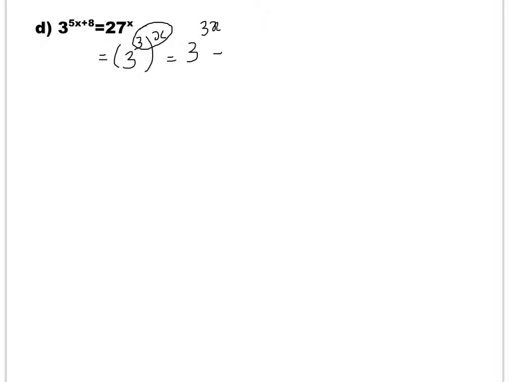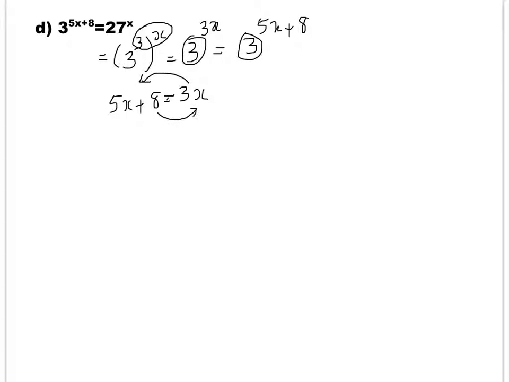is equal to 3 exponent 5x plus 8. Since the bases are the same, the exponents have to be the same. So 5x plus 8 is equal to 3x. To solve this linear equation, I'm going to move 3x to the left and 8 to the right.